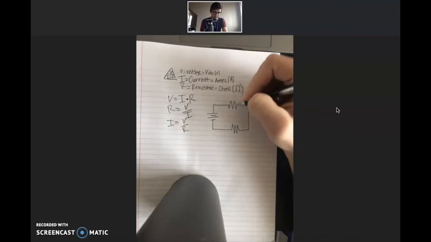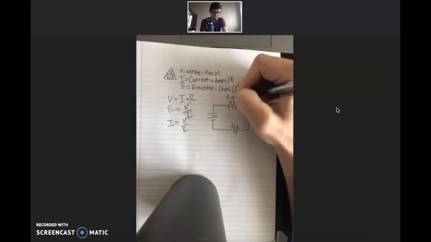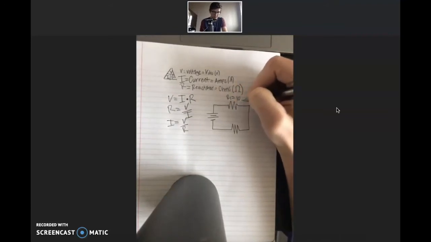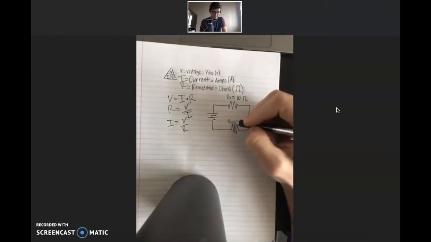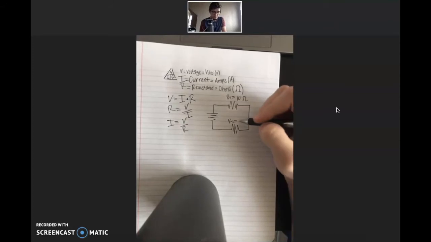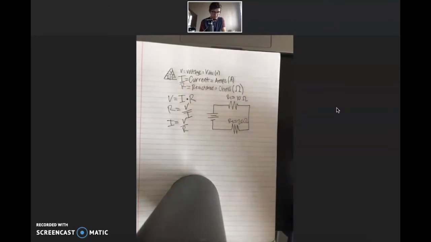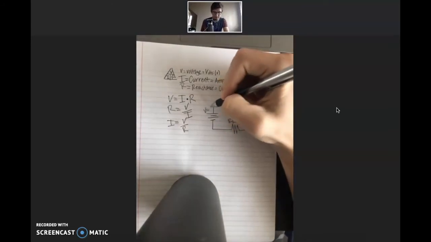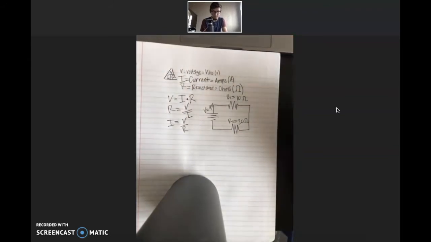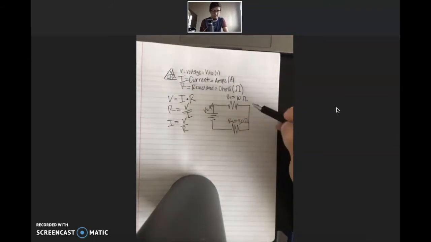Resistor 1 is equal to 10 ohms. Resistor 2 down here is going to be equal to 20 ohms. Then we have our voltage over here, which is going to be equal to 9 volts. All right, cool. We have our first problem.